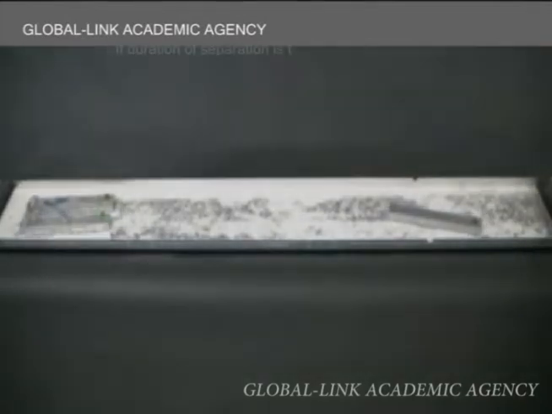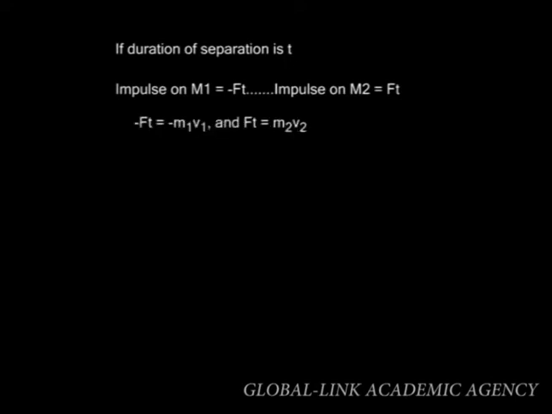If the duration of the separation is t, the impulse given to m1 is minus Ft, and the impulse given to m2 is plus Ft. The impulses are equal to the corresponding change of momentum for each body. That is, minus Ft is equal to minus m1v1, and plus Ft is equal to plus m2v2.